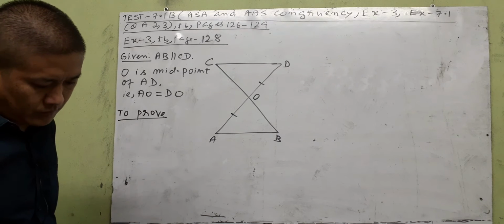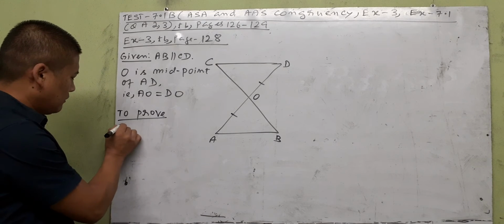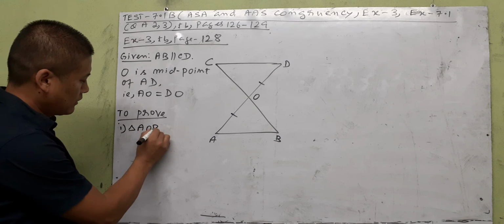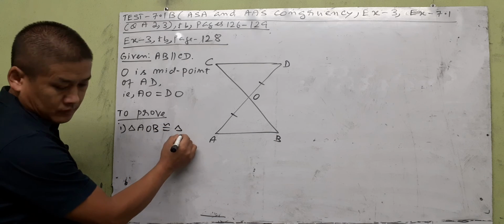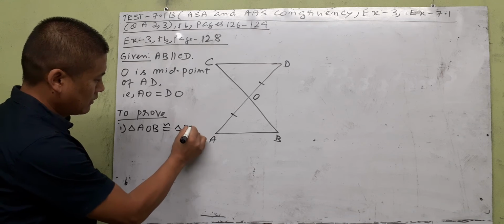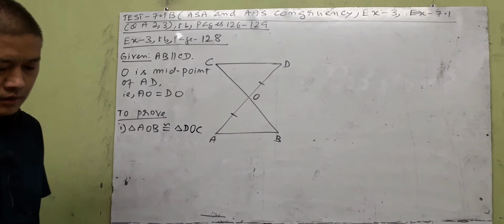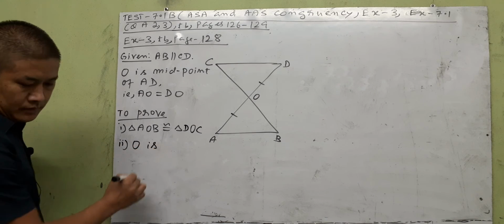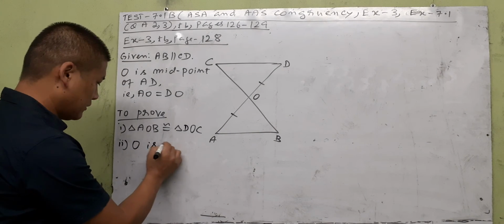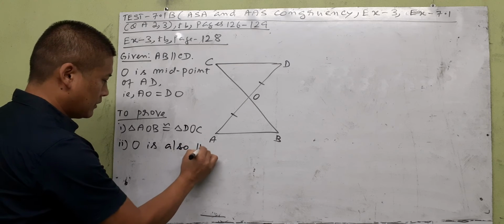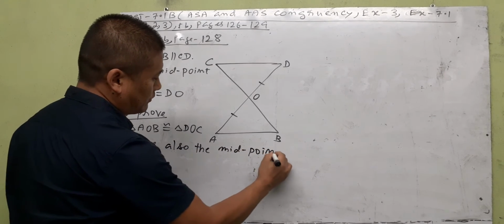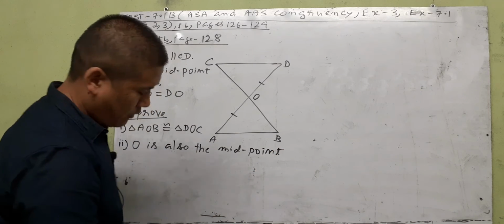Number 1 is we have to prove triangle AOB congruent to triangle DOC. Then number 2 is we have to prove O is also the midpoint of BC.